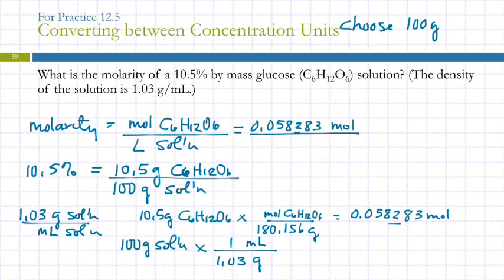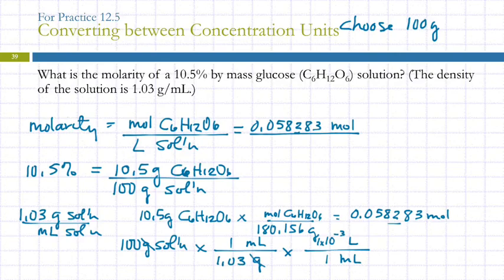So that's going to give me volume in milliliters, but I want liters. So another conversion factor, milliliters on the bottom, liters on the top. Milli means 10 to the minus 3. I've got milli in the denominator. I put what it means on the other side of the line. So 1 milliliter is 1 times 10 to the minus 3 liters.